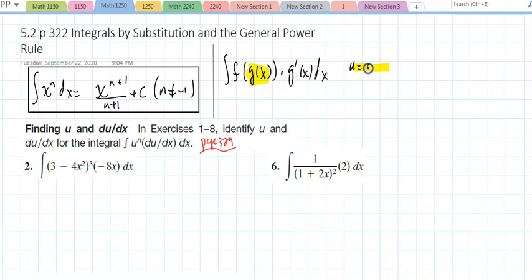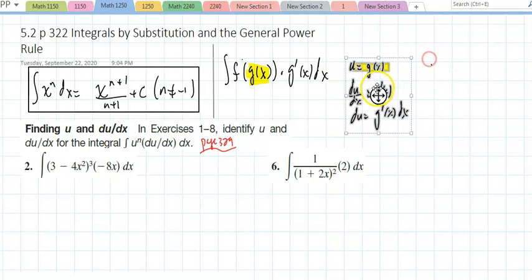So if I let u equal g of x, then if I take a derivative, that would be g prime of x, and if you cross multiply, you get du equal to g prime of x dx.